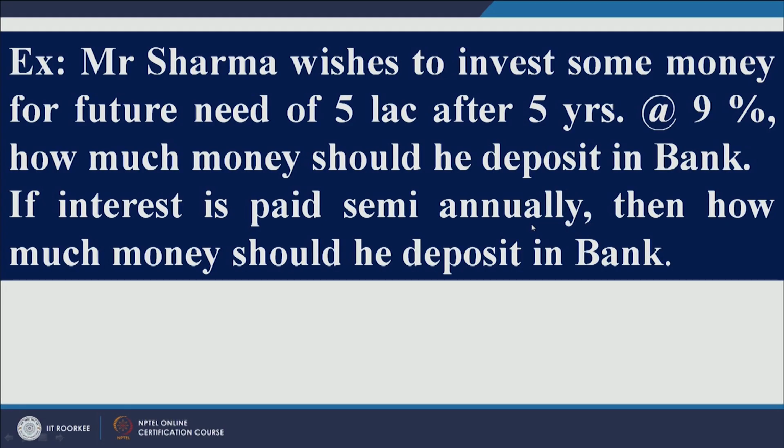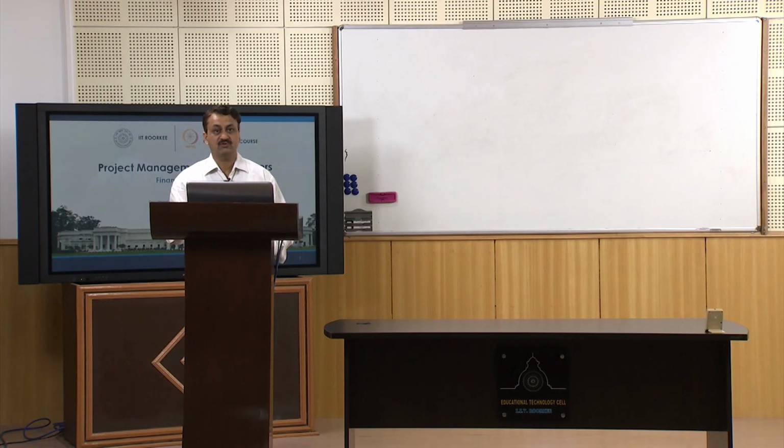So the first question is, if I want 5 lakh rupees after 5 years and the interest rate is 9%, how much should I deposit today? The second part is, if interest is paid semi-annually, then how much money should be deposited in the bank? So there are two parts in this question, right?